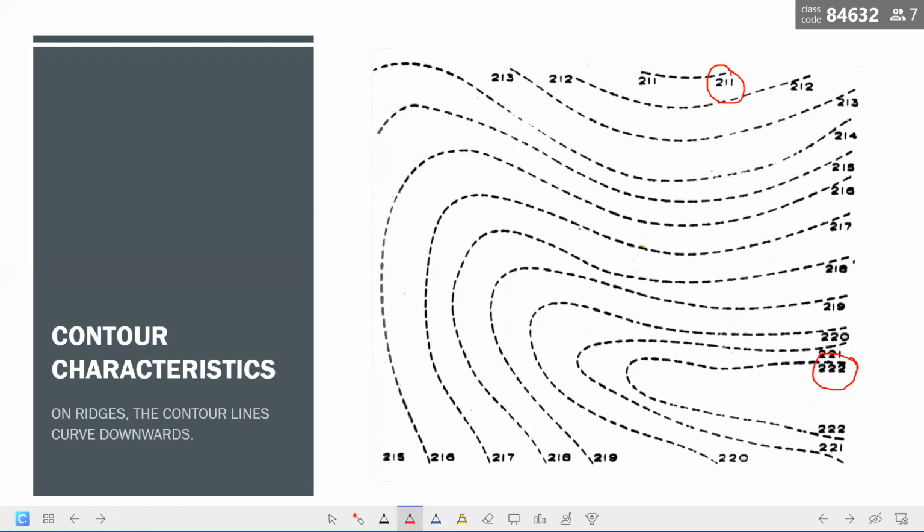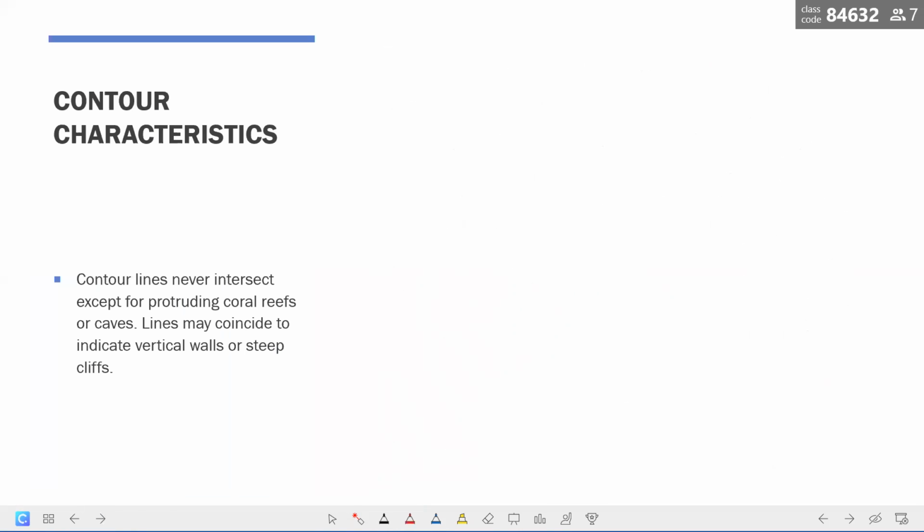So a couple of rules of thumb when you're drawing up a contour map. Contour lines never intersect. They generally run parallel to each other. They never intersect, so they never do this.